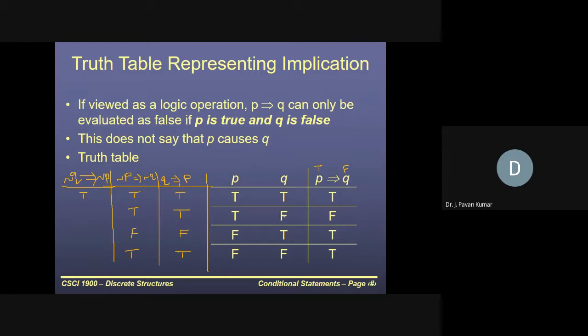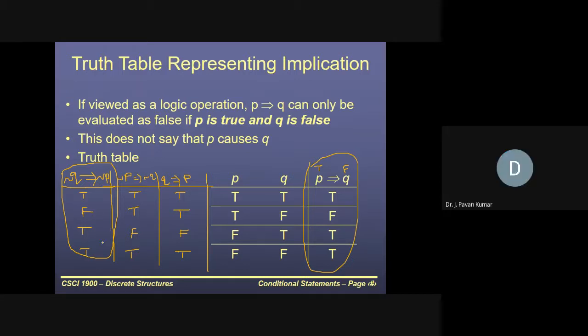Here we are having true and this one becomes false, so true, false gives false. Next, here it is false, so automatically it will be true. Next, it is also true. Now consider this particular column. Is there any similarity?